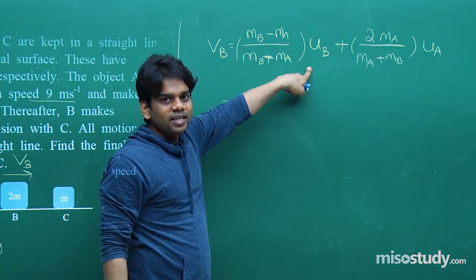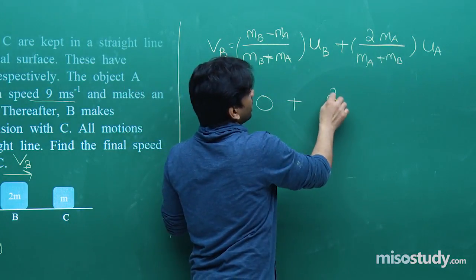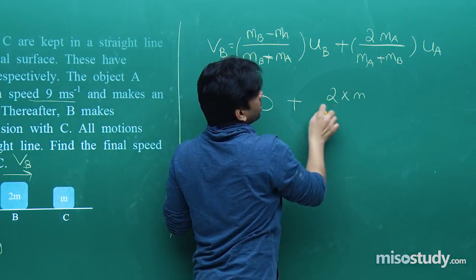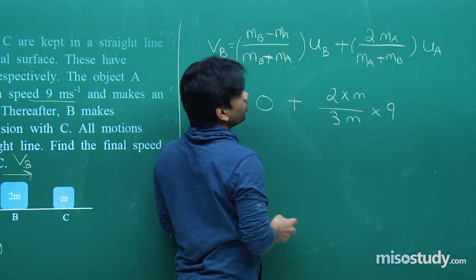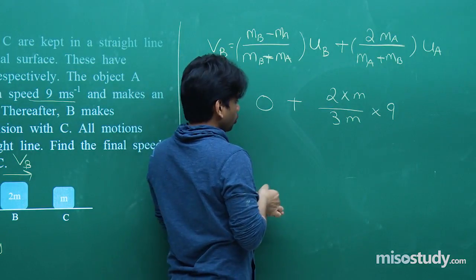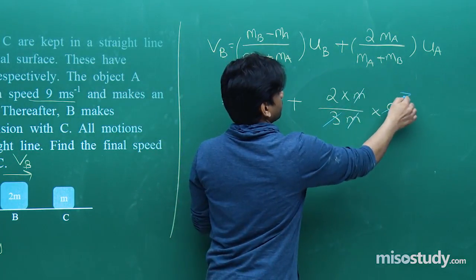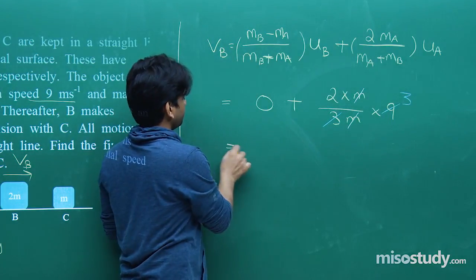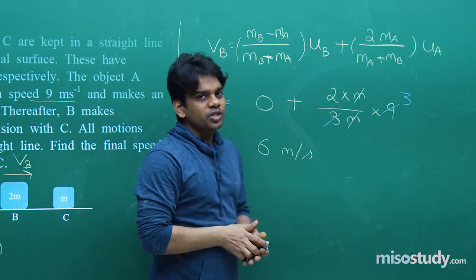Velocity of B is 0, need not worry about it. Twice mass of A is 2m, mB plus mA gives 3m, multiplied with velocity of A, 9. This will come out to be 6 meters per second. Velocity of B comes out to be 6 meters per second.